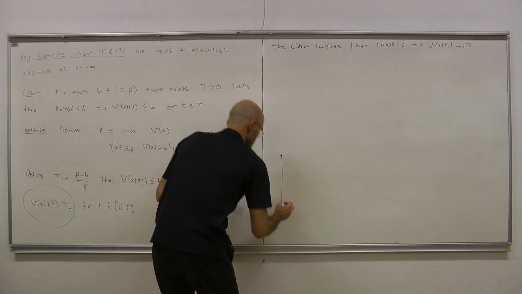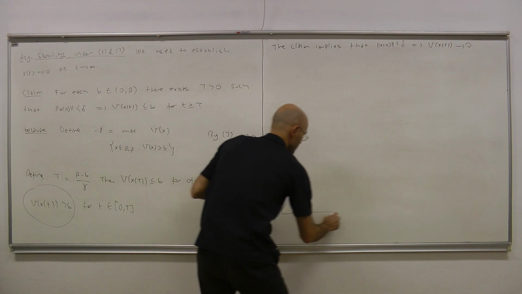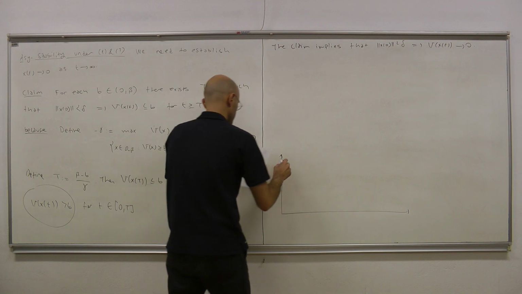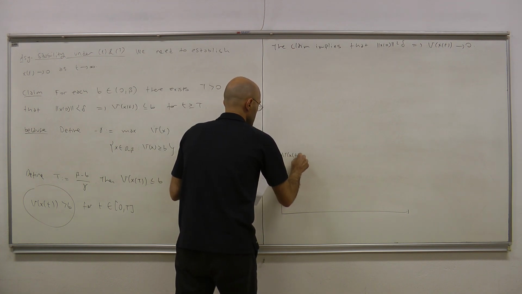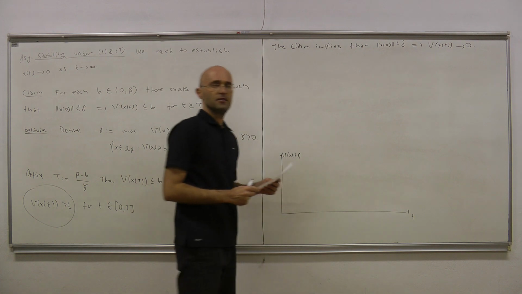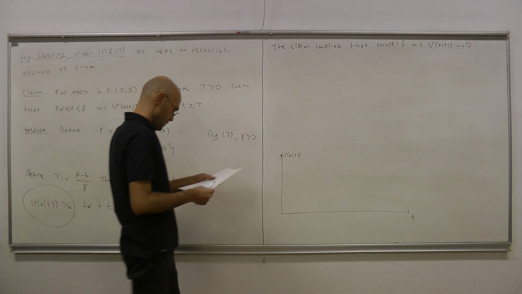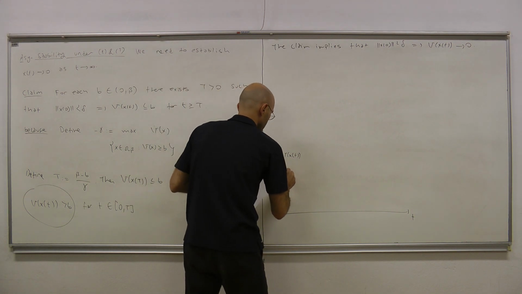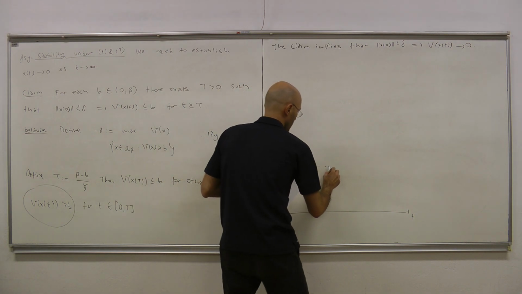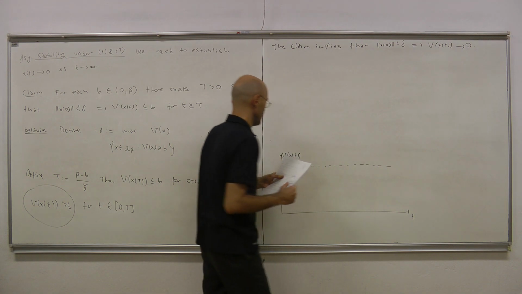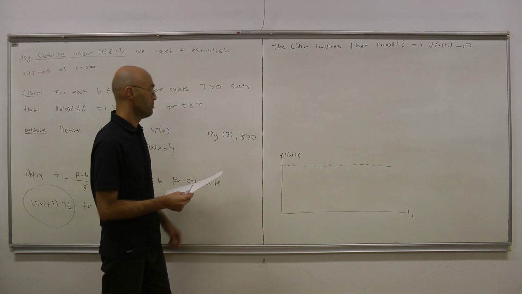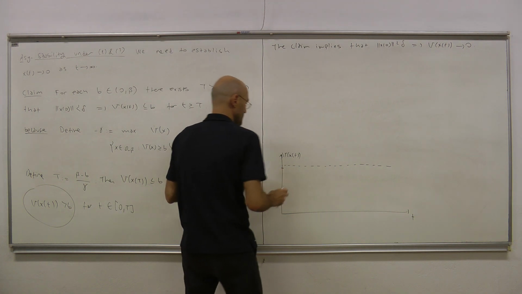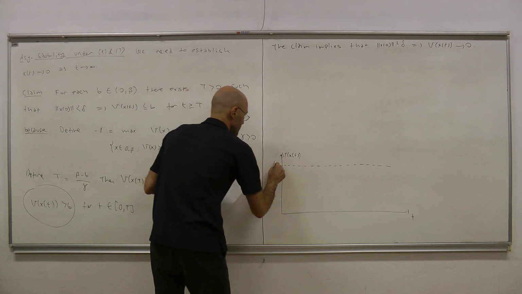Because consider, for instance, here some v. This is v of x of t, and here this is the t-axis. So, initial condition less than or equal to delta means that v of x of 0 is less than or equal to beta. We start from, let's say, this point, this is beta.